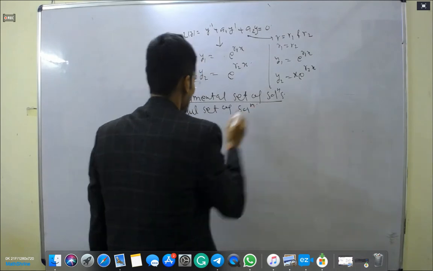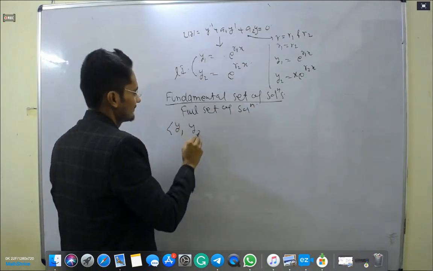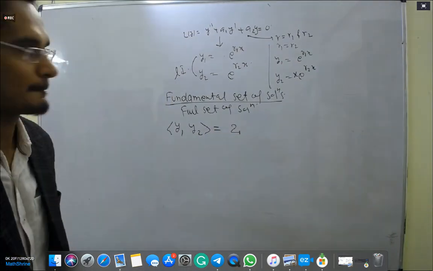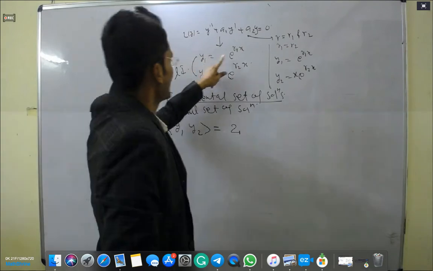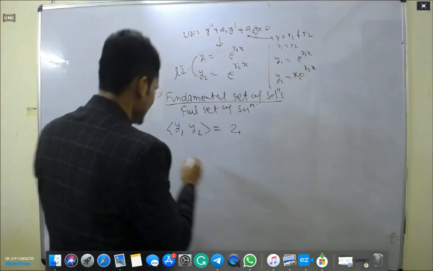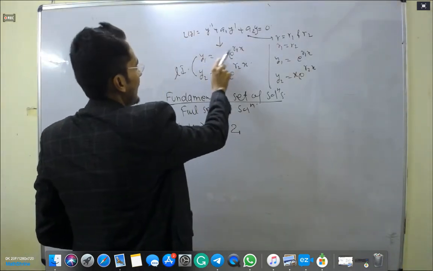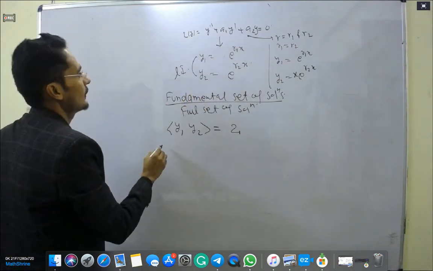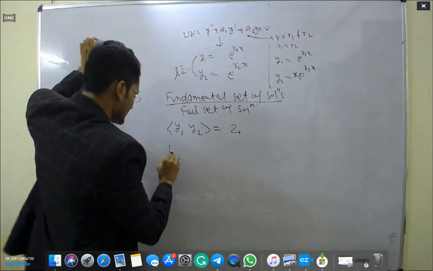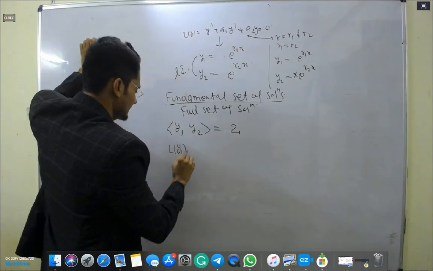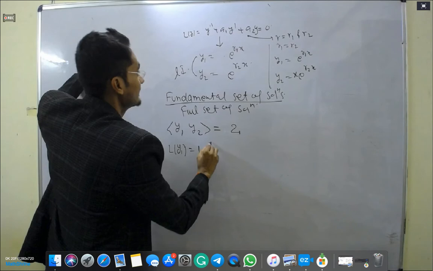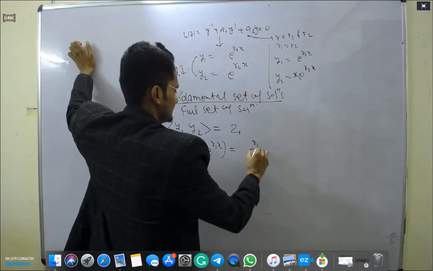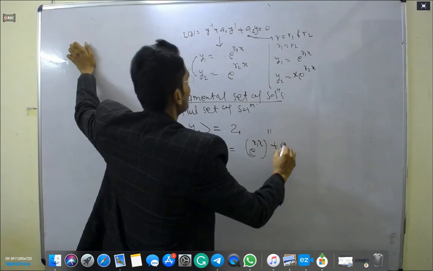You know very well, L of y1 is equal to L of e^(r1x), which is (e^(r1x))'' plus a1 times its first derivative, plus a2 e^(r1x). You can solve it. If you substitute here, it will be exactly 0. That's why this is the solution.